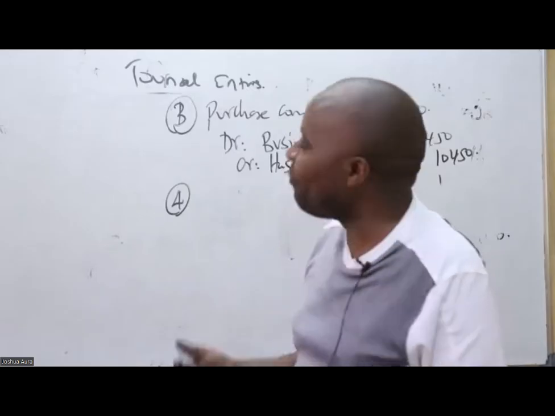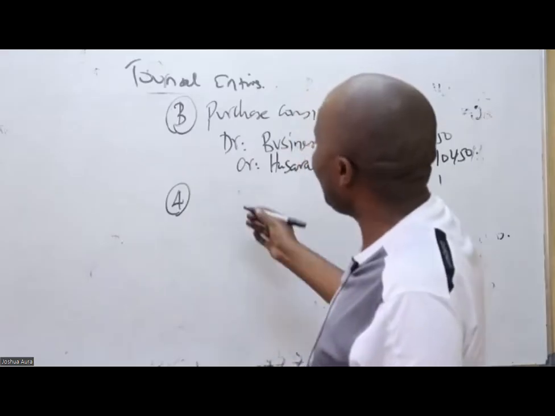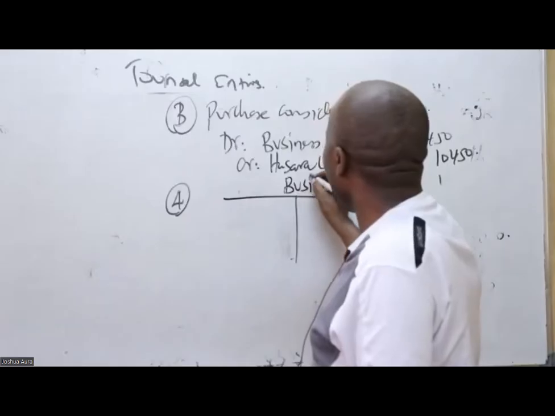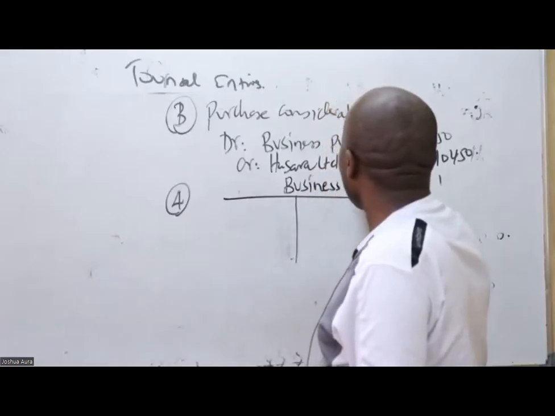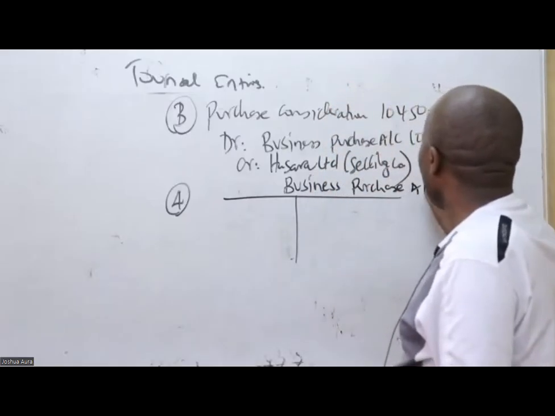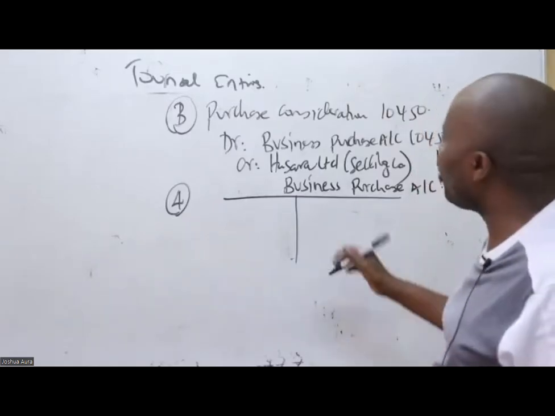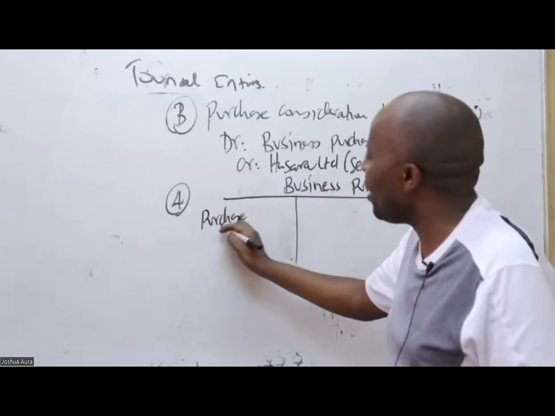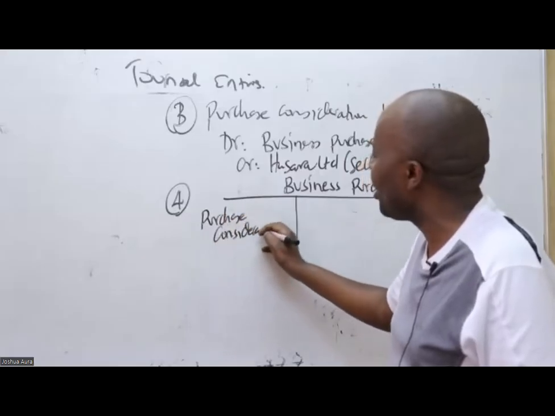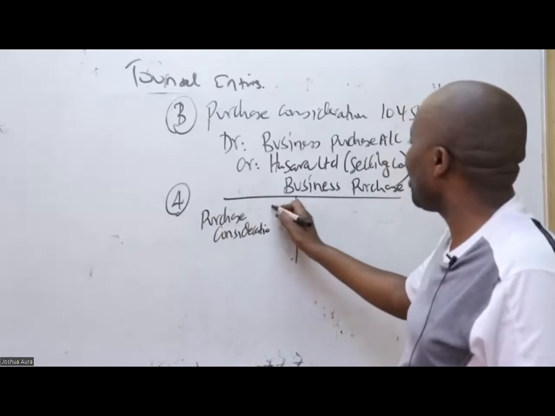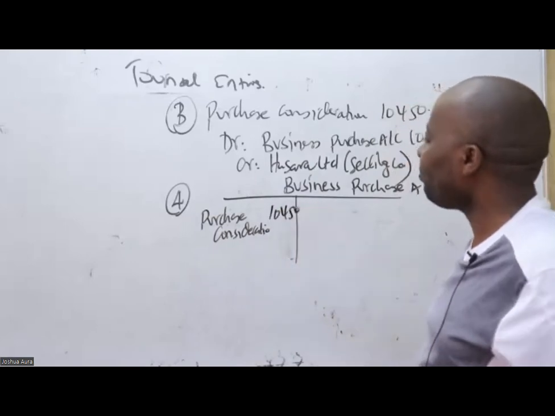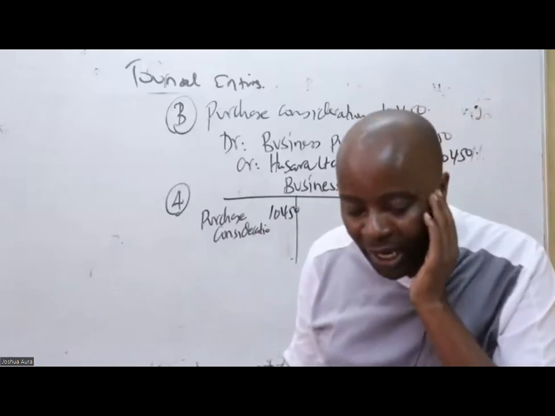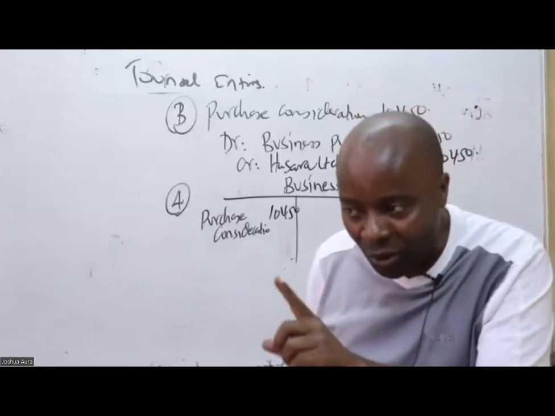But remember, before you do the goodwill, you will need to open a business purchase account. This business purchase account, you've told us to debit it with purchase consideration of 10,450. Now, remember, you've told me to take two things to the purchase consideration.